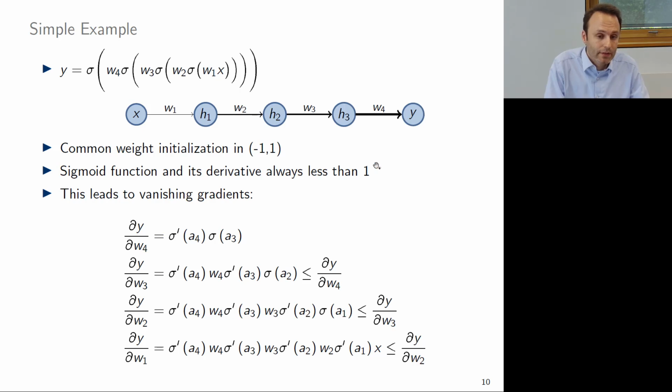Because the derivative is always less than 1 for the sigmoid function, and we have here this thing that is similar to the sigmoid function of A3. Here it's A2 that is the argument here. And so this is going to be in total a number that is less than 1, another number less than 1, and something between 0 and 1. And if you multiply these, and W4 could be 1, then you get something that is smaller than the first gradient. And if you continue like this, you get the vanishing gradients here.